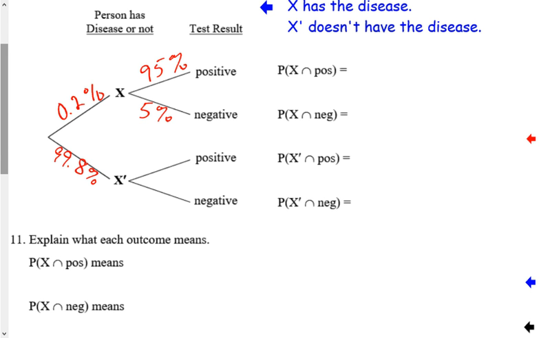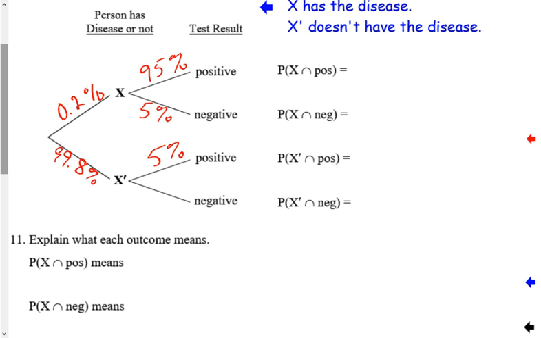Now I'm writing these in as percentages. When I do my calculation, I will want them to be in decimal form. Okay? So I'll change those to decimals a little bit later, but for now I'll just write it out this way. So suppose somebody doesn't have the disease. What's the probability they test positive? 5%, because that means the test was wrong. And we know that 5% of the time, the test is wrong.